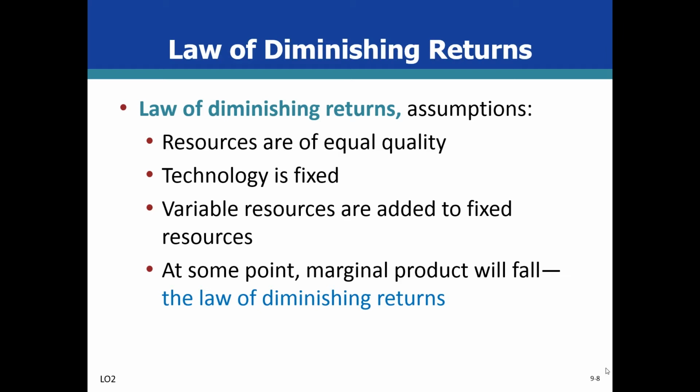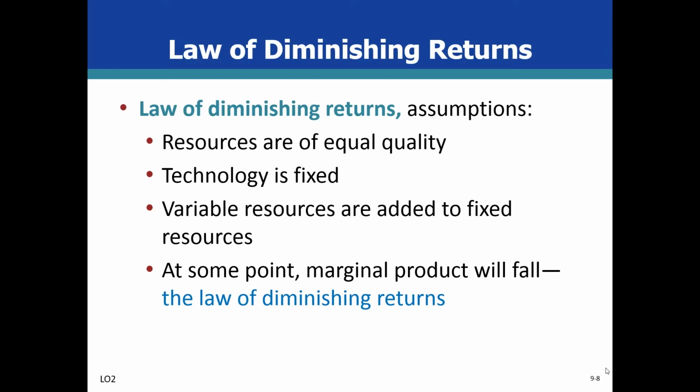That the technology and capital are fixed in the short term. For example, a firm has only one building or a set of machines to make a certain product. Finally, variable resources are added to fixed resources to generate output. So I want you to think of a building that has a certain level of equipment inside.